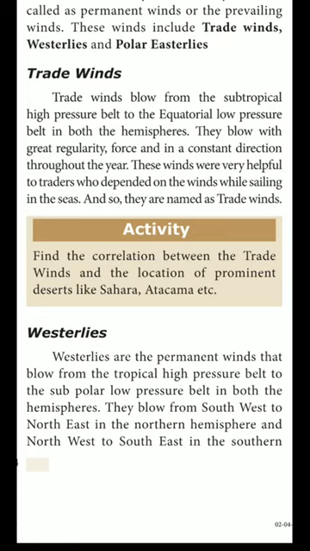So, what do you mean by this westerlies? Westerlies are the permanent wind that blow from the tropical high pressure belt to the subpolar low pressure belt, in both the northern hemisphere and the southern hemisphere. They blow from southwest to northeast in the northern hemisphere and northwest to southeast in the southern hemisphere.